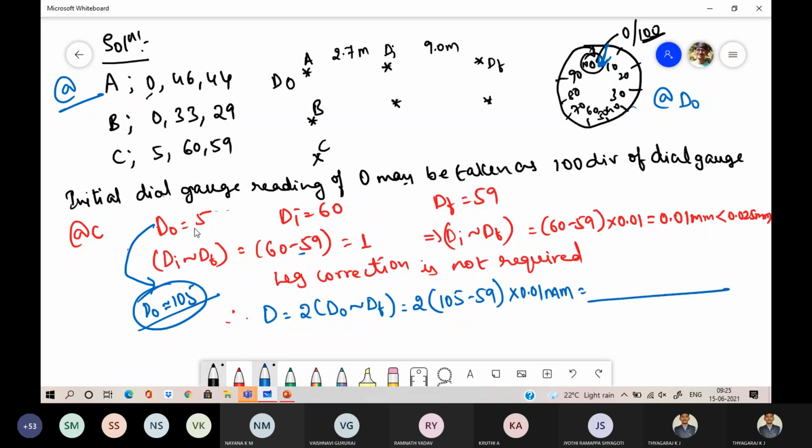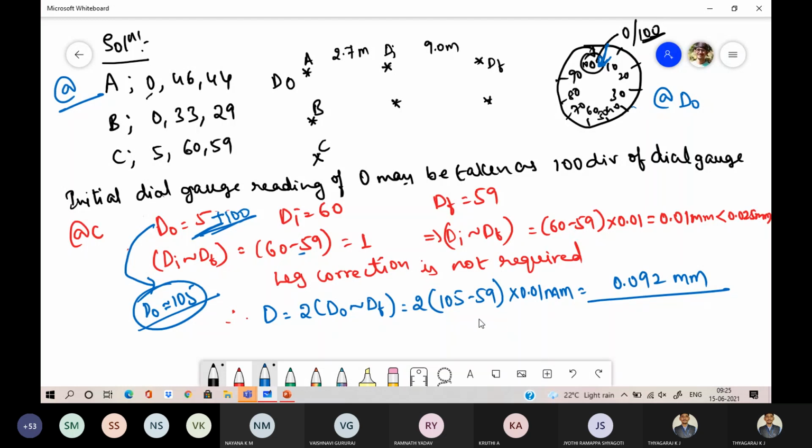So remember, if the D naught value is other than 0, you have to add 100 to the given value. So you will get 0.092 mm. Is it clear? Have you understood this one?